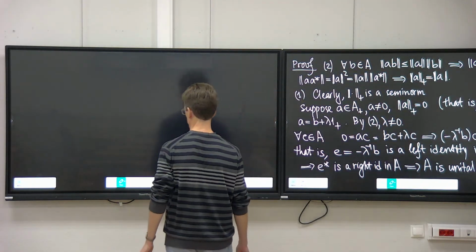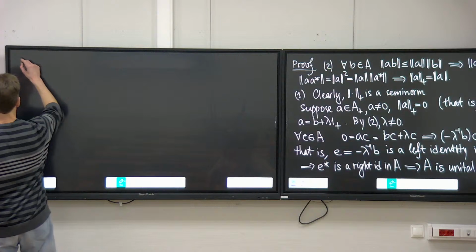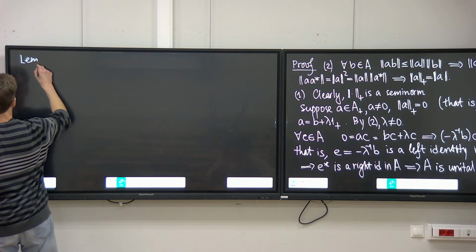This is rather quick. Actually, almost everything follows from two simple lemmas, which I'll leave as exercises for you.